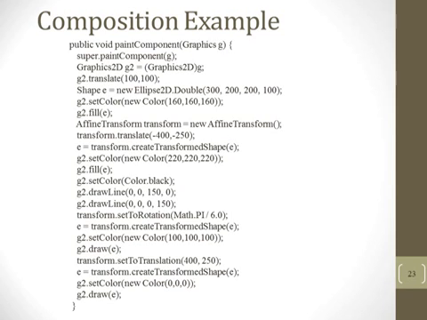So if we want to translate the ellipse so its center is at the origin, then the center of the ellipse will move by half of the dimension: the length is 200, half is 100, plus 300, to make the center at the origin, and half of the height, which is 100, is 50, plus 200.